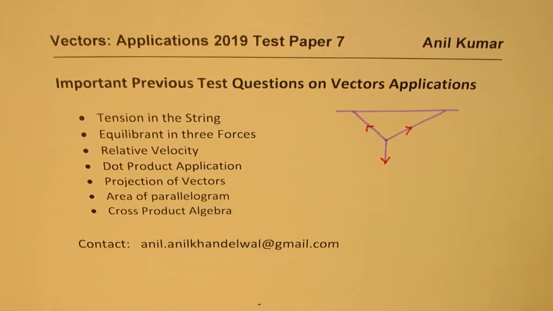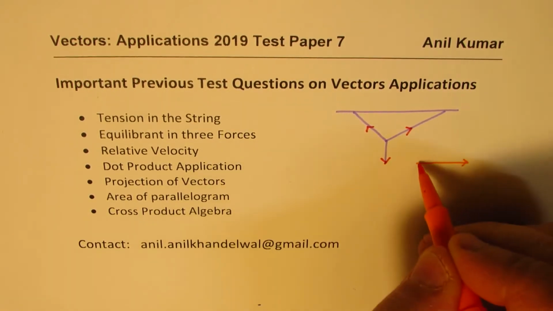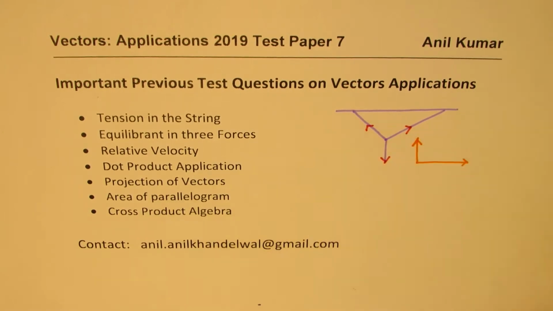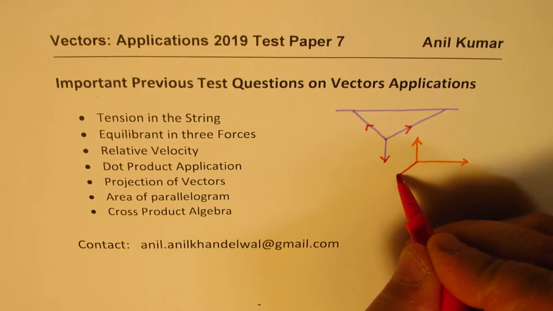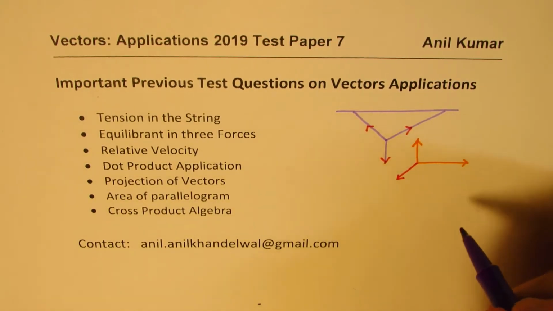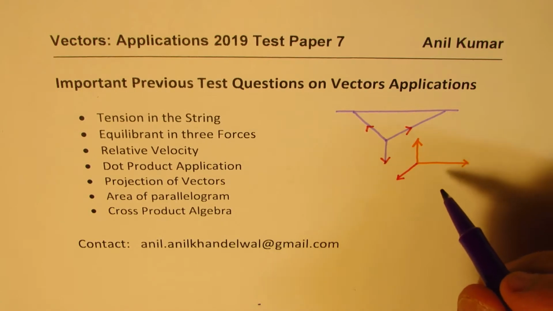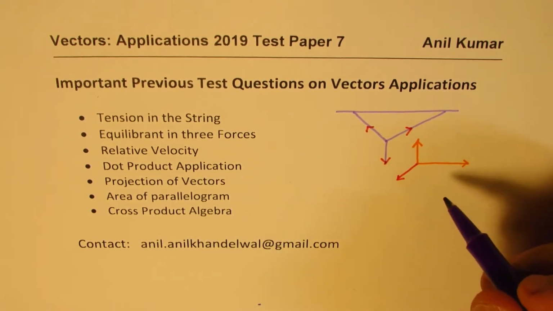Then we have equilibriant forces. Now, if there are more than two forces acting on a body, for example, we have a force acting kind of like this, right? Maybe some force acting in this direction. Then the equilibrium will be achieved if we have a resultant force and a force which is equivalent to that resultant force.